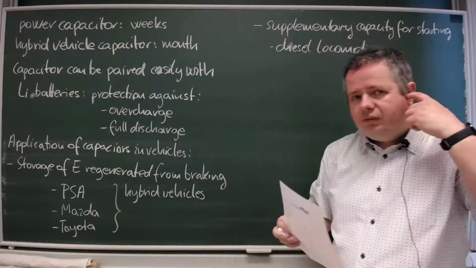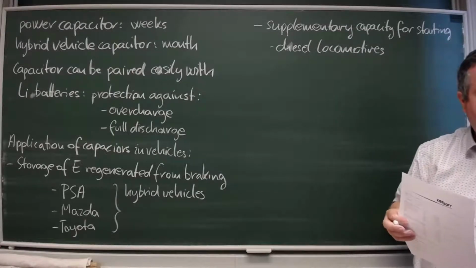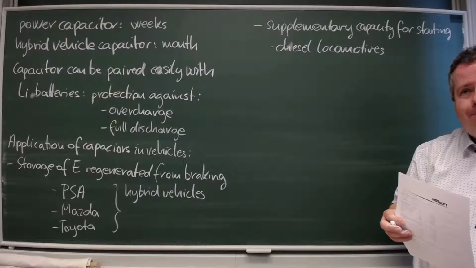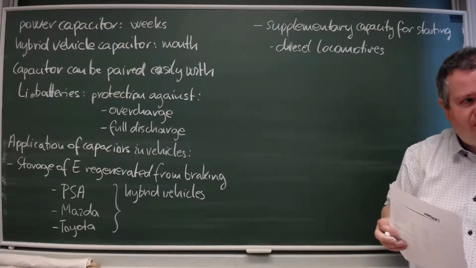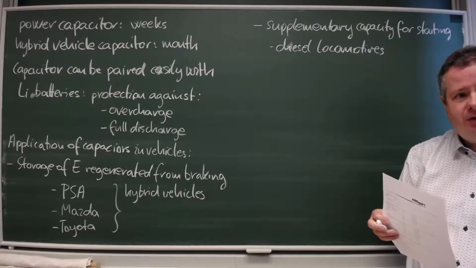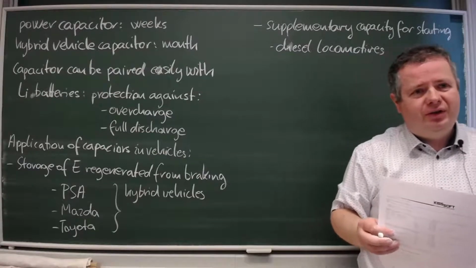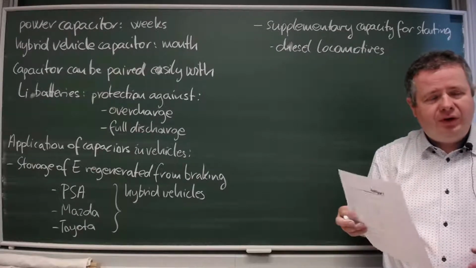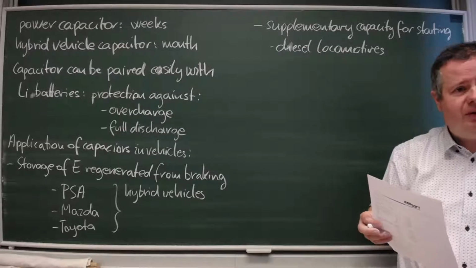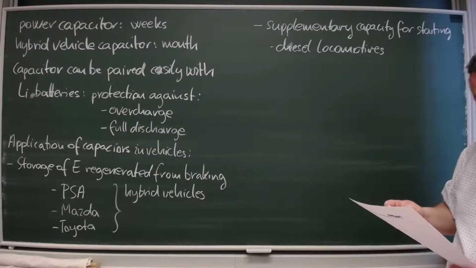When you get a 16-cylinder large diesel engine in a locomotive, and you've got to start it, either you use large batteries for start, or you use a separate small internal combustion engine for start, or you use a large number of capacitors. For 1 day, 2 days, they can store the energy without problem, and they allow an easy start for the diesel locomotive.